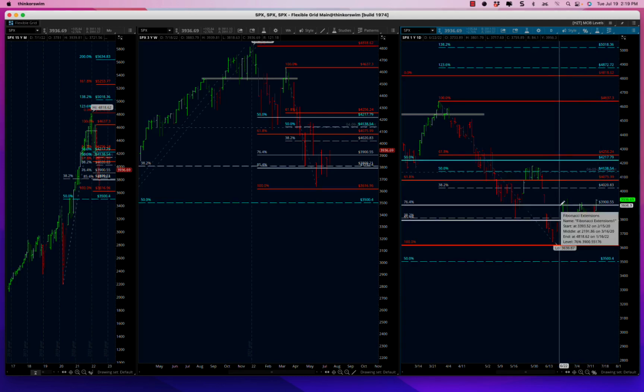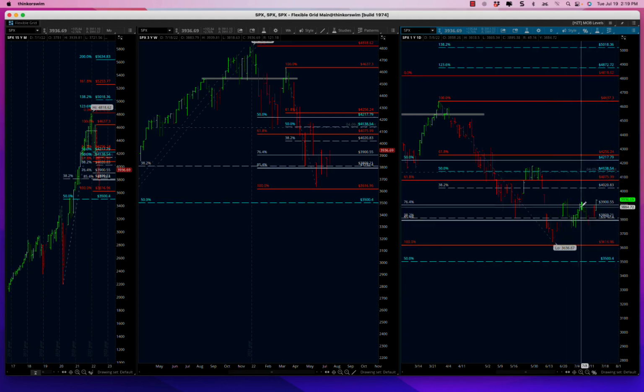So as long as we hold 3,900 now, as confirmed by price action, right? Back here, 627, 628, 77, 78, and now 718, 719.